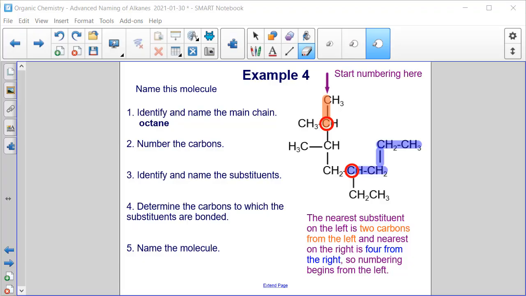As you can see in orange, the nearest substituent from the left or the top of the molecule here is 2 carbons. And if I started from the right side, I'm 4 carbons. So we're going to start numbering here, okay, from the left.